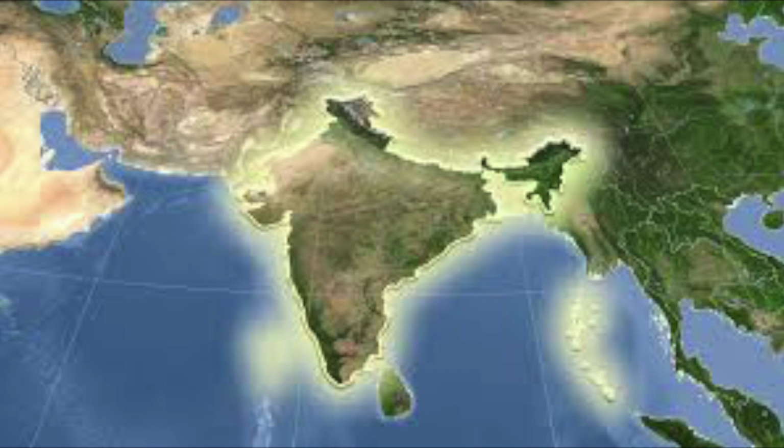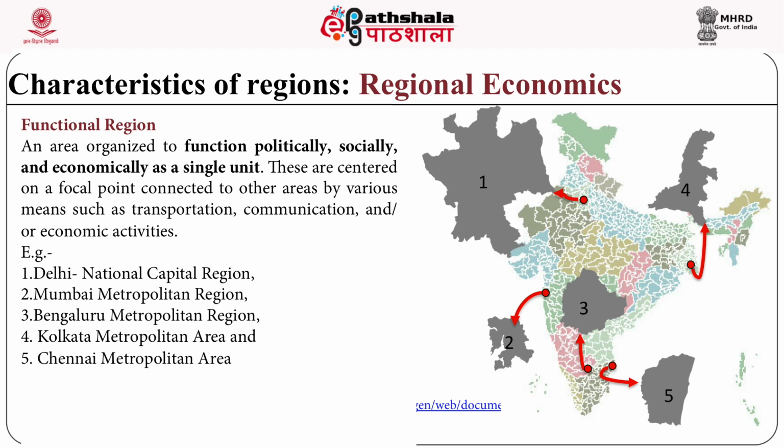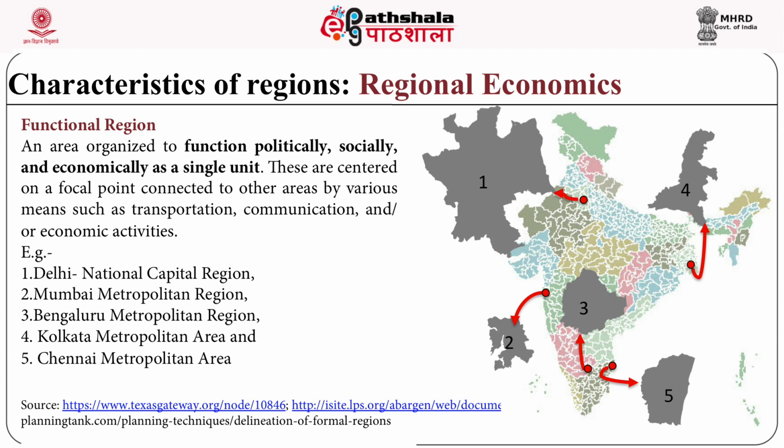As you may know, parts of various states are included in the National Capital Region, and that's how they are dissimilar, but they are also always interacting, and form one unit. And then we have the Mumbai Metropolitan Region, the Bengaluru Metropolitan Region, as you can see in the drawing, the Kolkata Metropolitan Area and the Chennai Metropolitan Area.